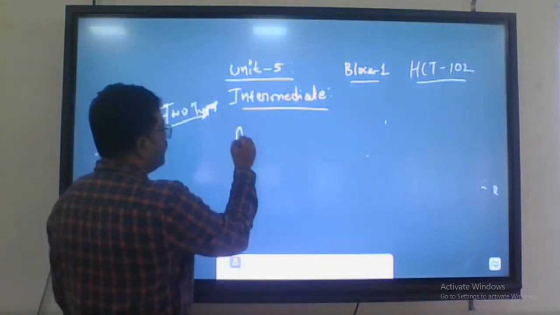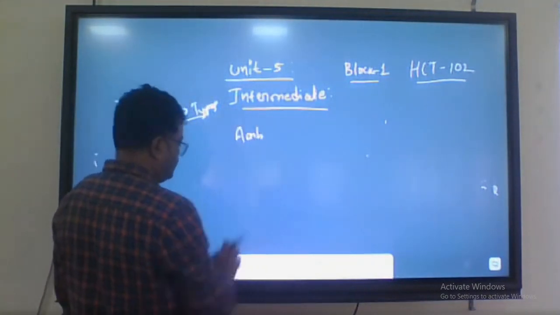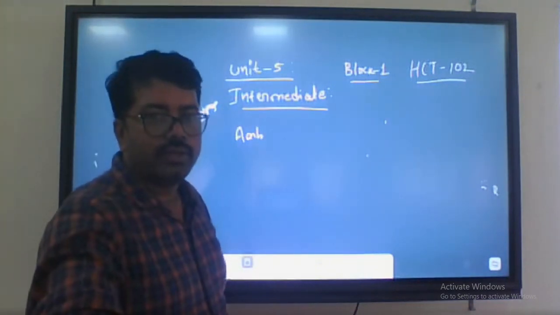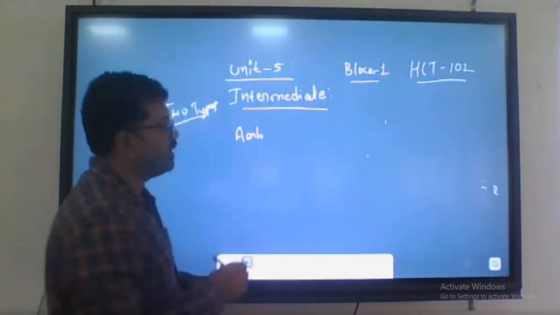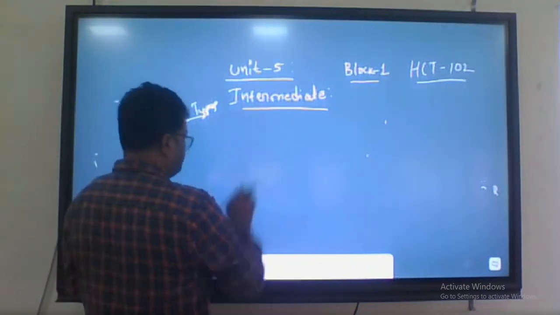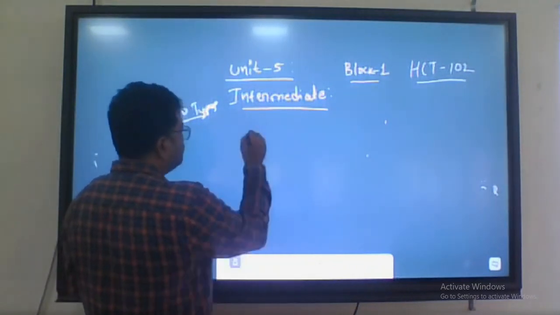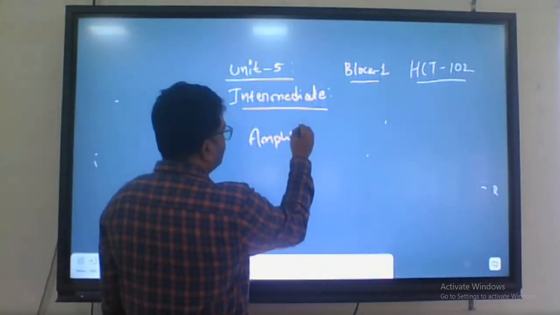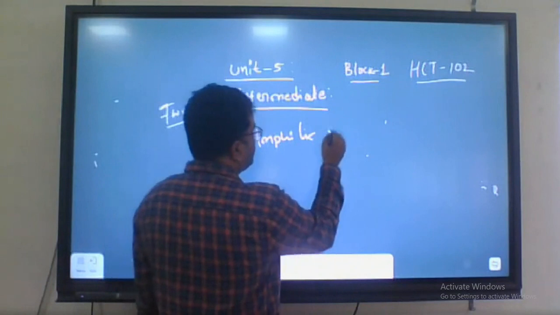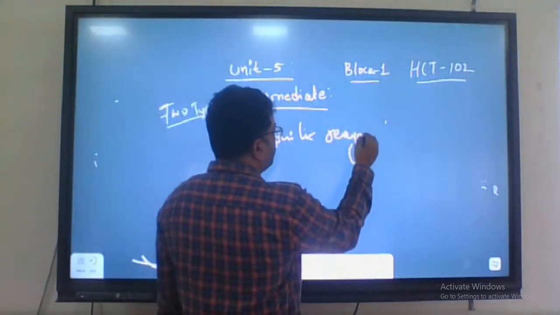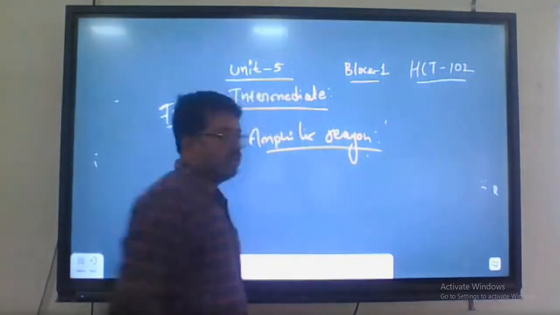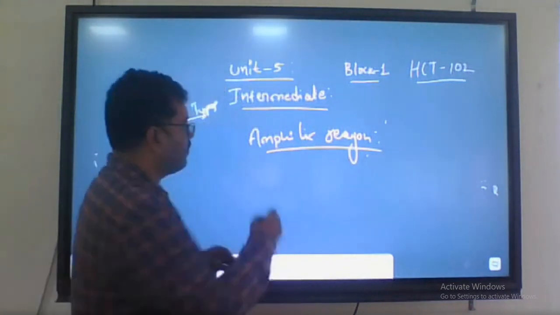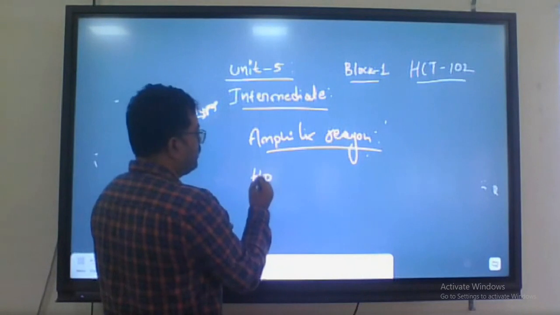Next is the amphiphilic reagent, which acts as both electrophile and nucleophile. For example, water.